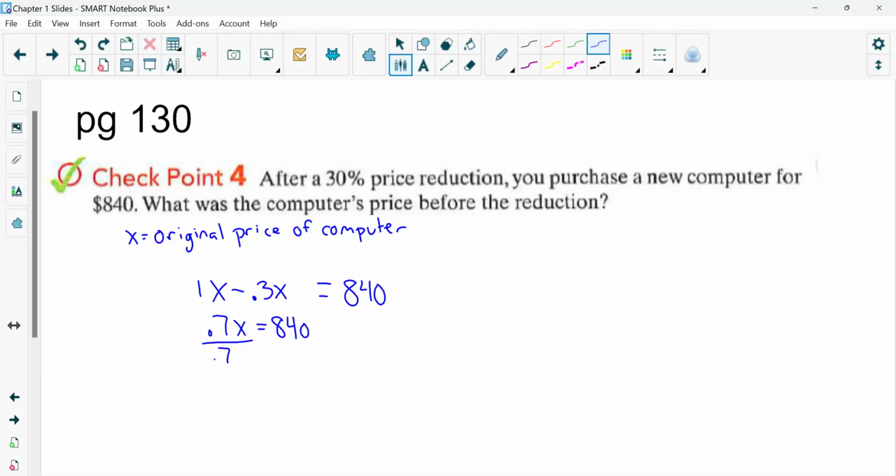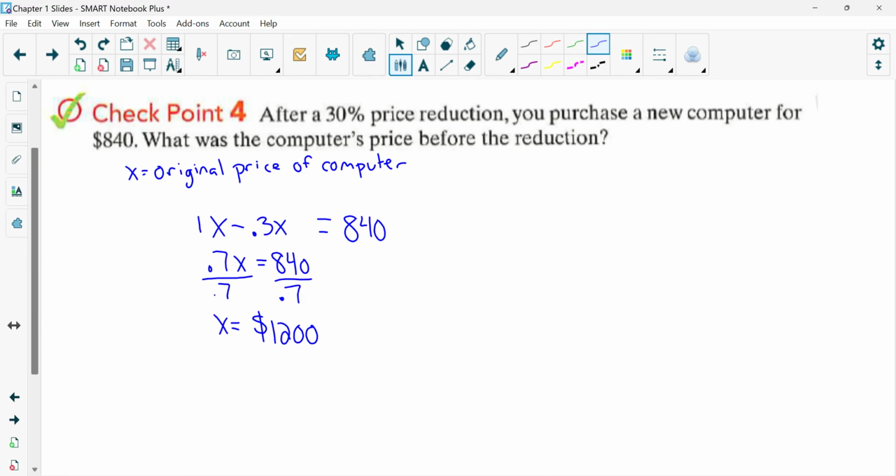So then we're just dividing by 0.7. So 840 divided by 0.7 is $1,200. Now again, we're not finished until we write that statement. So we can say the original price of the computer is $1,200.